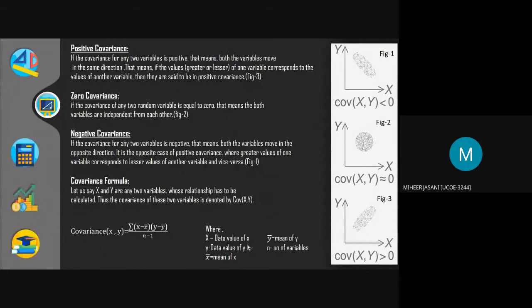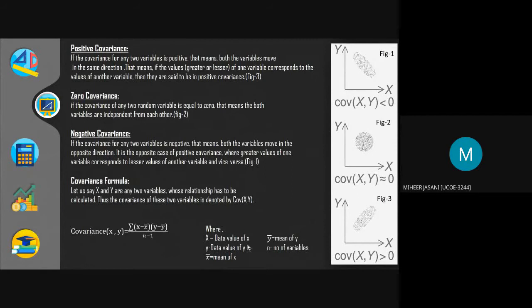First, positive covariance. As you can see in figure 3, after calculating the covariance, if the result is a positive number, that means the two variables are moving in the same direction. That is, if one variable goes up, the other follows the same path, and if one goes down, the other variable follows the same path. It shows the direct relation between two variables. Second, zero covariance.